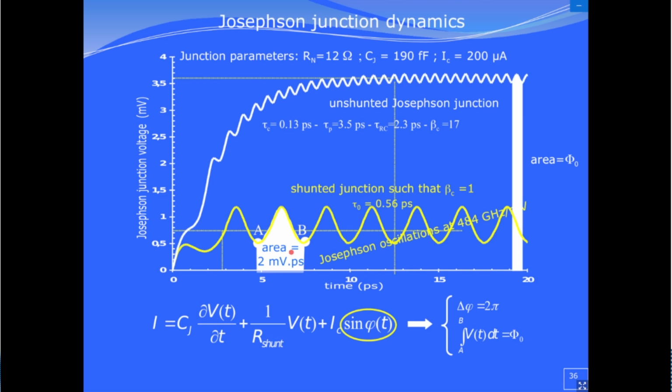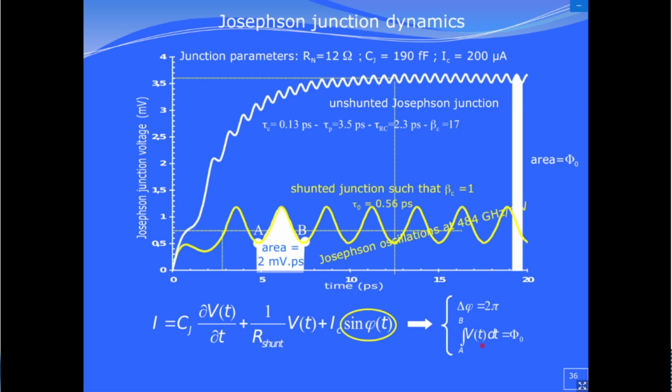I'd like to remember that a flux, it's phi equals L i, right? It's a product of an inductance by current. You can understand if you take a closed loop of inductance L, and you have a current running, the flux in the loop is L times I, right? But you can also see the flux differently by using Faraday's law to understand that the flux is also the integral of voltage over time.